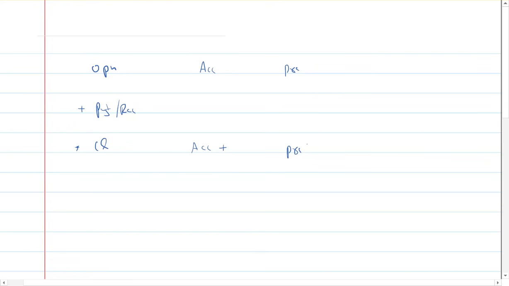Prepayment is unearned income or expense that has been incurred or paid in advance. So what we do is we minus it. And the opening is opposite of closing, so if closing is plus, opening would be minus; closing minus, opening plus. So we can use this technique in this question to answer it quickly.